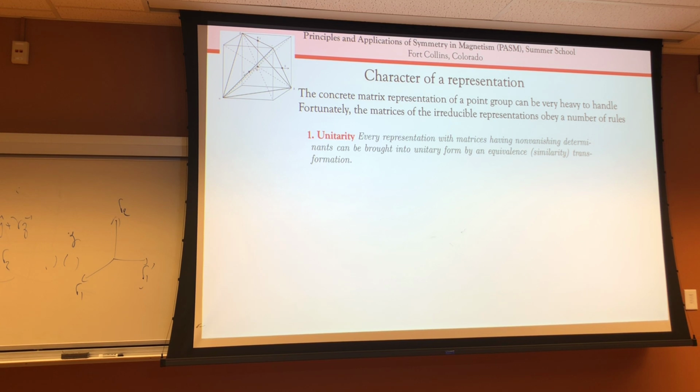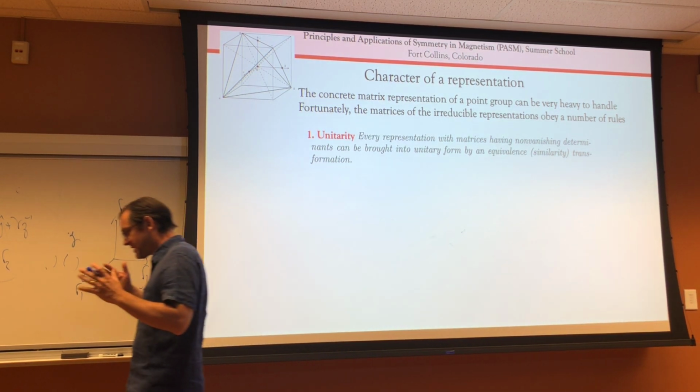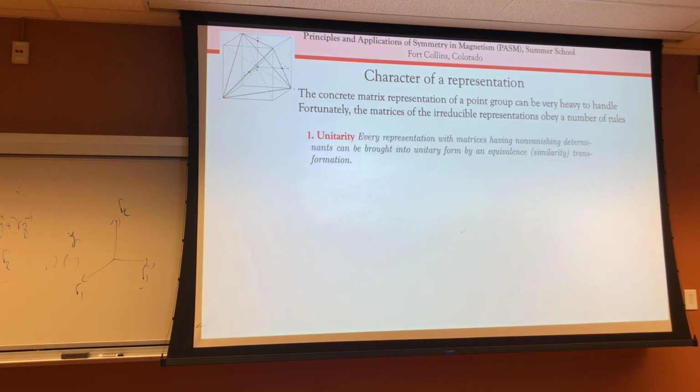Okay, now I come back to my objective of this first session, which is to build this character table, this table that tells you about the symmetries and how representations are organized. And as I said, when it comes to matrices, we don't have a unique way to write the matrix of a certain transformation.